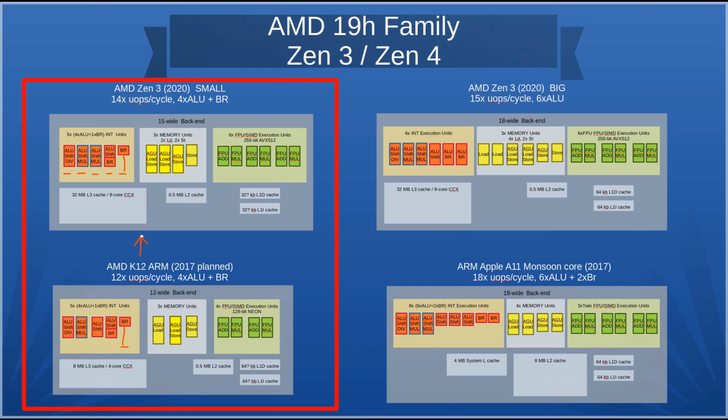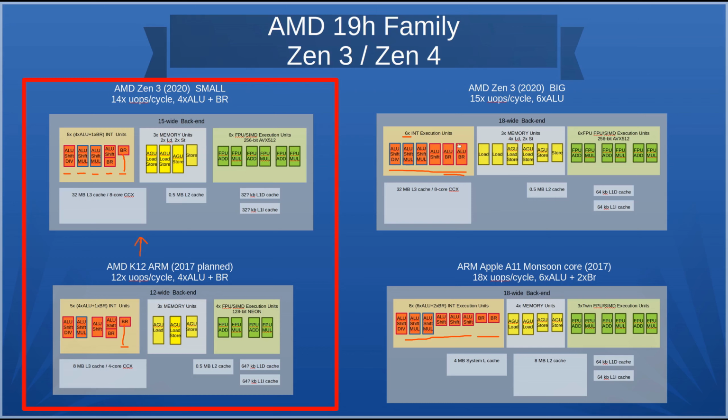Another, bigger thing is that the Apple A11 Monsoon is a really big beast. It has 6 LAUs plus 2 branch units, which means it's 8 wide, but we expect Zen 3 to be only 6 wide. That could be 6 LAU units with 2 branches shared here.